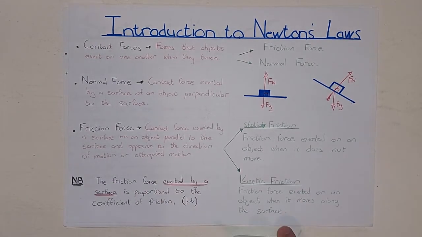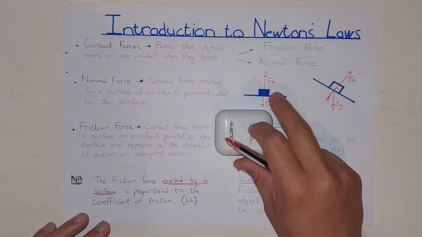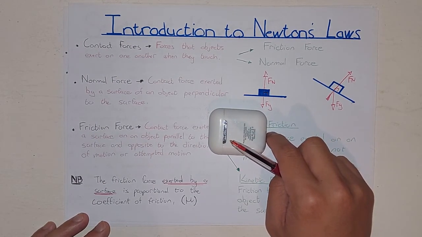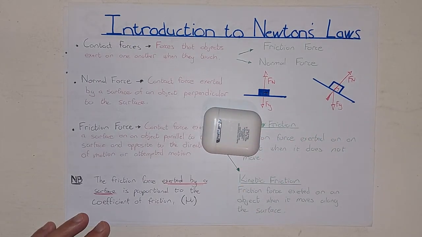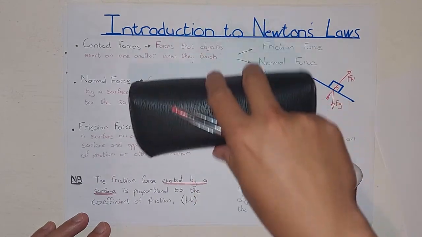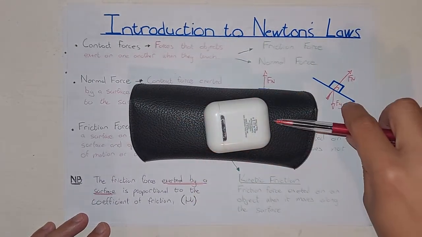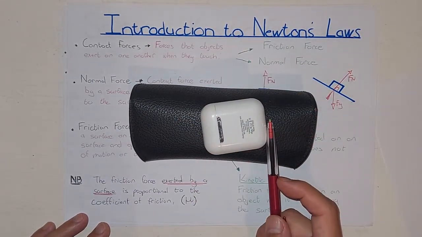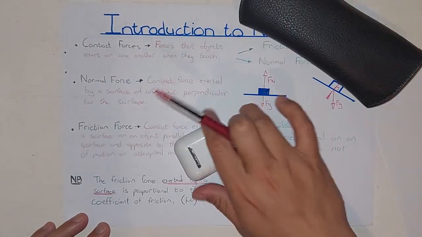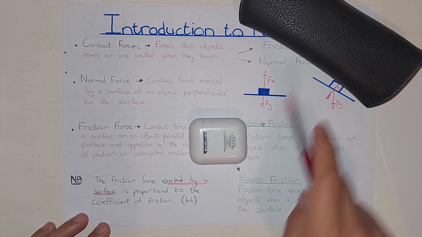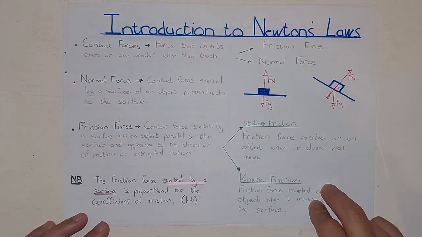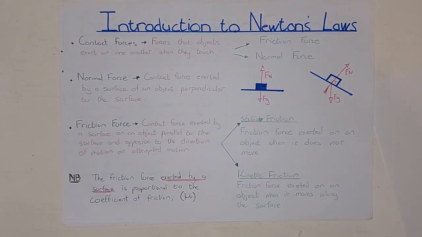So if I look at my page over here, it has a type of coefficient of friction, whereas if I compare it to my sunglasses over here, this friction is very different to this friction, this coefficient of friction. The two different surfaces are very different. And because I have two different surfaces, I'll have two different coefficients of friction.